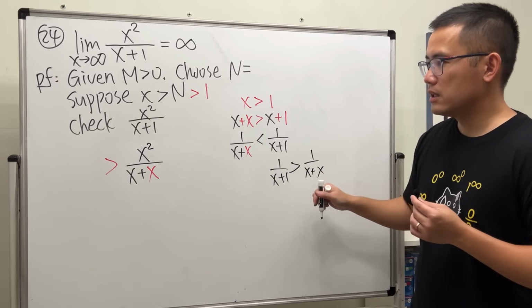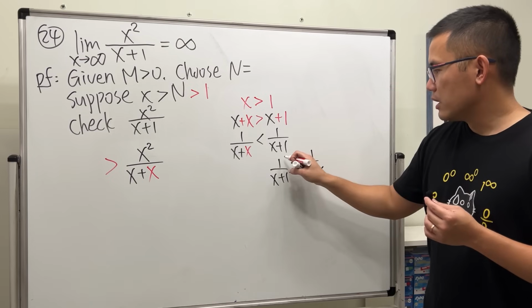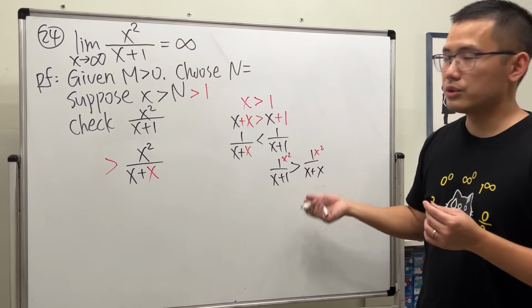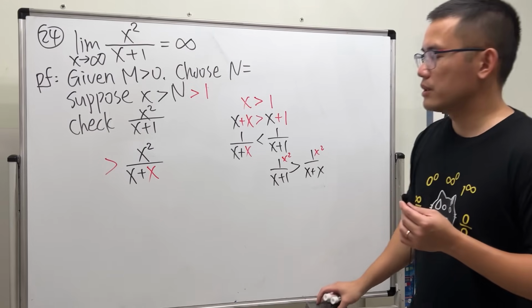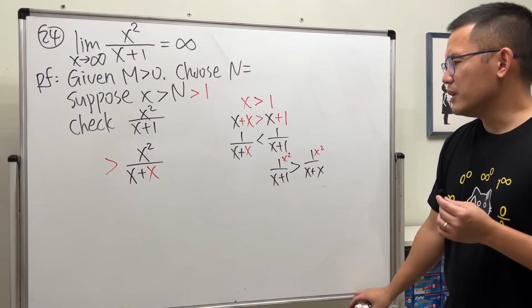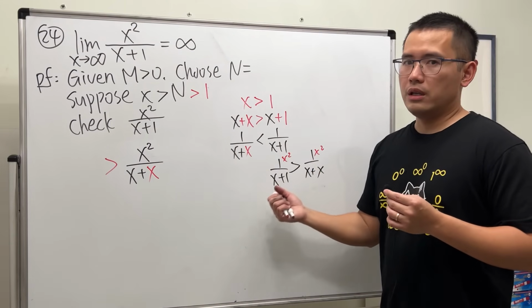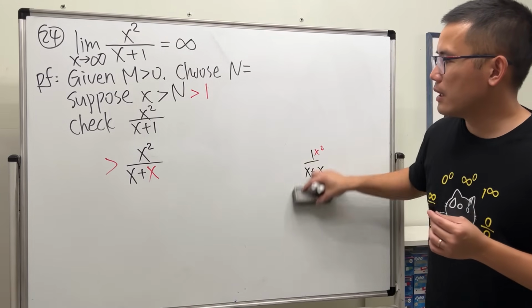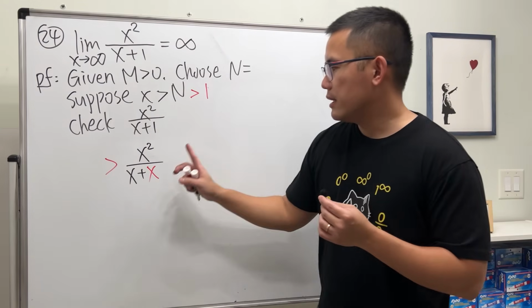That's what we want. And of course, we can multiply by x squared, and this inequality is still true. So this right here is correct, and this right here is correct. If you want to make it more clear, maybe you want to put it somewhere. All right, so that's what you have.